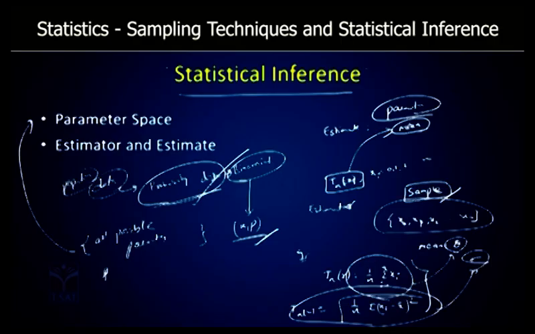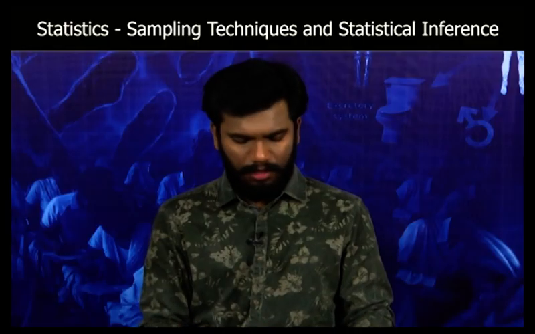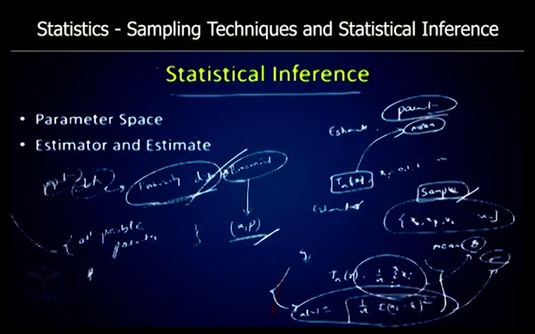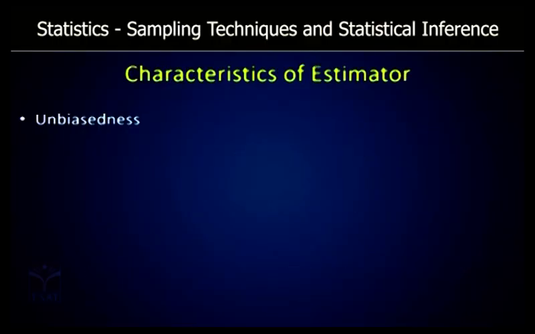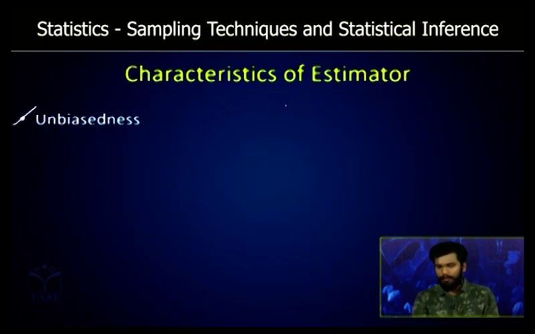Now we'll see the properties of an estimator, how we can say an estimator is a good estimator. We'll see a few characteristics. First, unbiasedness. See here, I have the parameter theta.